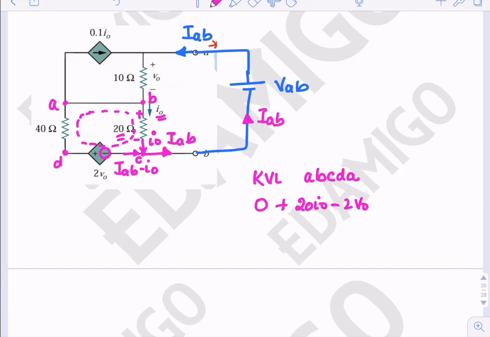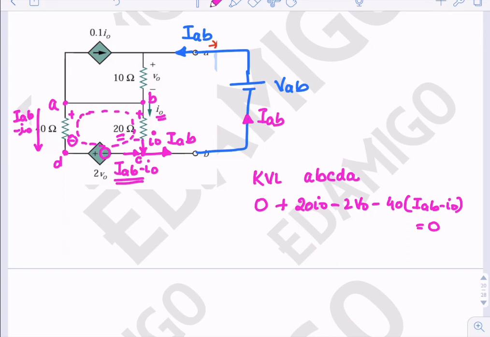And from D to A, the current in this branch is IAB minus I0, and we are entering from the minus terminal, so it is minus 40 times IAB minus I0, equal to 0.